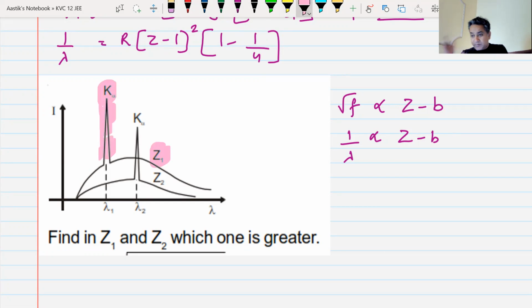More atomic mass, less lambda. Less atomic mass, more lambda. Do we understand this? Yes, sir.